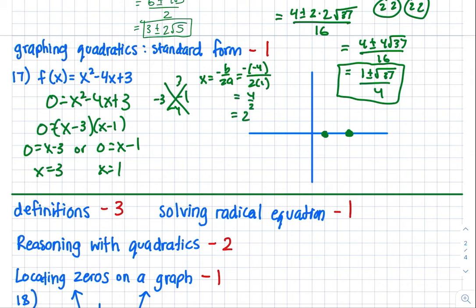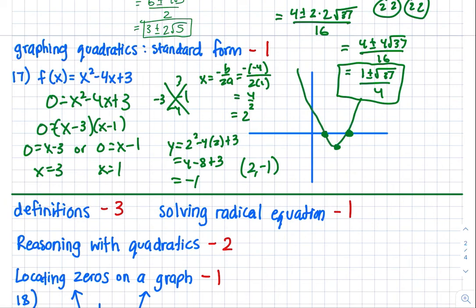So our vertex x value is 2, and then to get your y, you just plug it in. So to get the y, you just plug 2 into your original equation. And then we solve. 4 minus 8 plus 3, we're going to get negative 1. So the vertex is 2 comma negative 1. 2 comma negative 1 right there. And there's your graph.